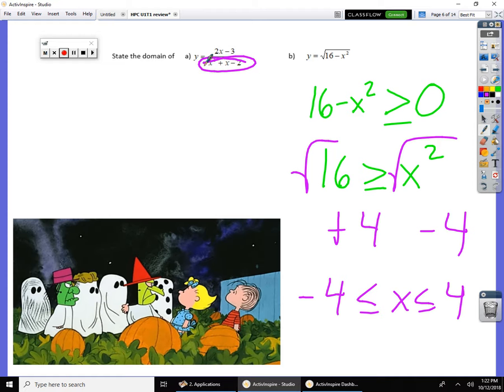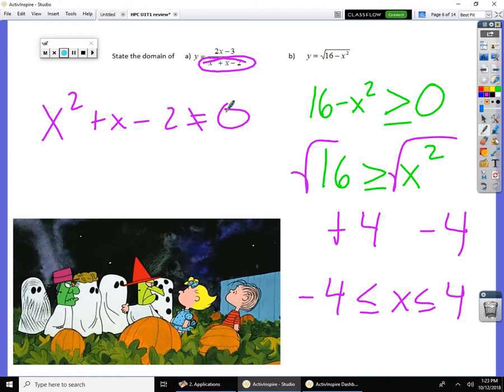I'm dealing with a fraction. What can't happen in a fraction? The denominator can't equal 0. So x squared plus x minus 2 can't equal 0. Yes? No 0 in the denominator.